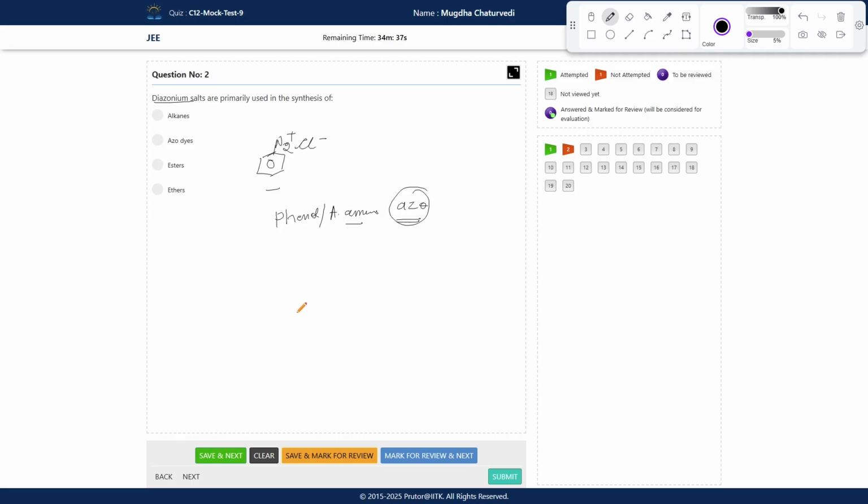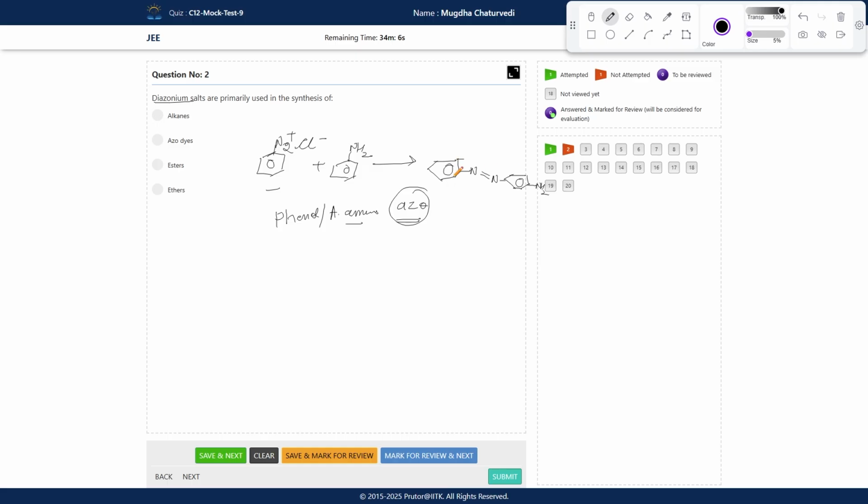If I give you an example, here is a diazonium salt. If I treat it with this amine in an acidic medium, it will give us an azo compound. Here you can see the nitrogen, and here is the NH2 group which is attached.